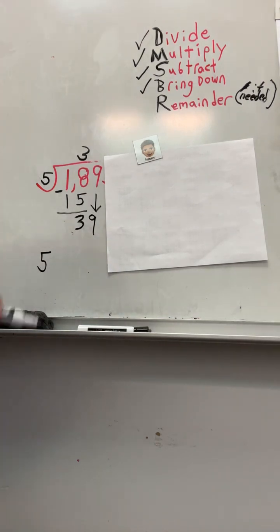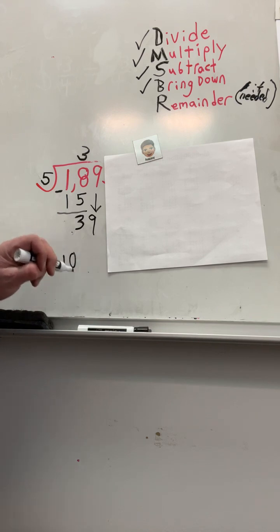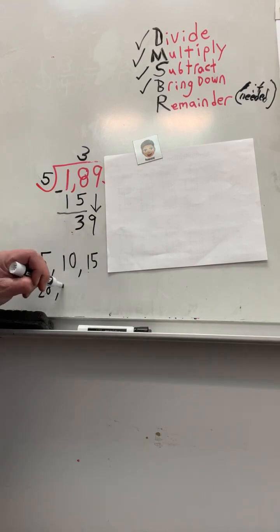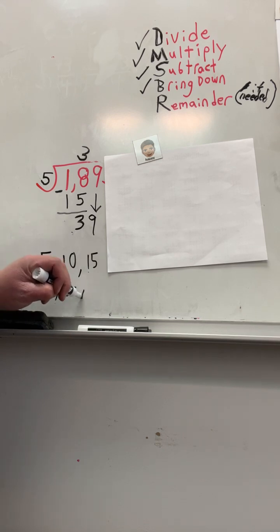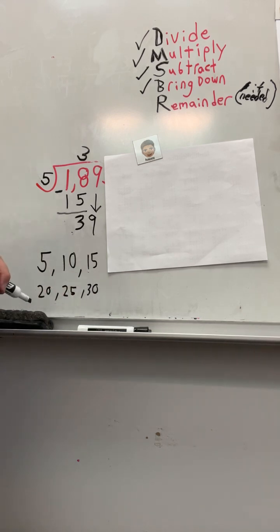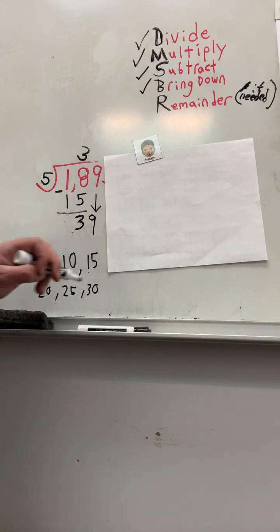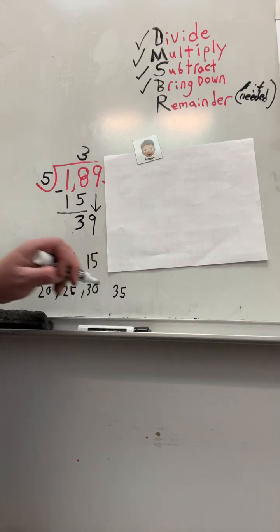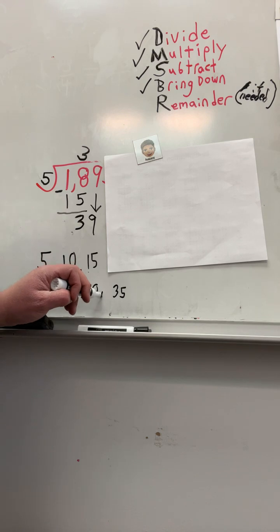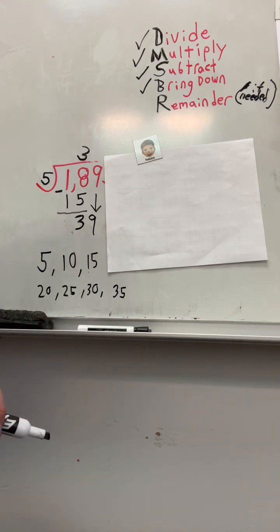5, 10, 15, 20, 25, 30, 35. Now the next multiple of 5 would be 40, and that's too far, because 40 would be more than 39.